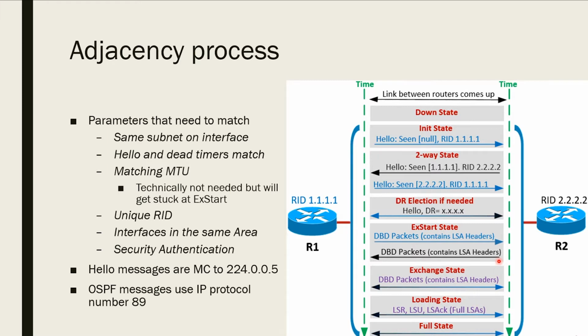So if you have a full MTU size and you have, let's say, on R2 a higher MTU than R1, when it hits R1, it's either going to cut it down slightly and you're going to miss some of that information from those exchanges, or you're just going to drop the packet. And obviously that's going to get you stuck here and you won't be able to go into a full state because you won't have all of the information.